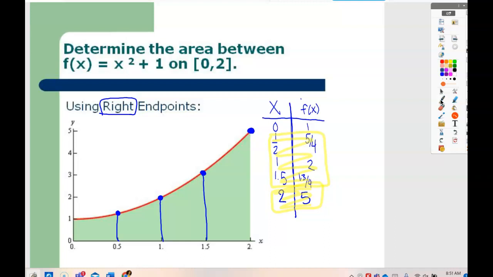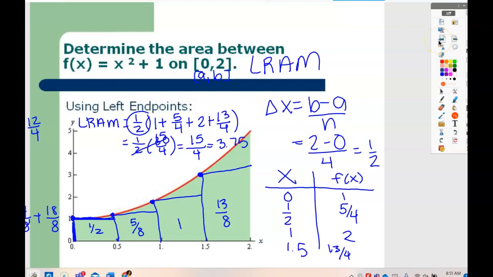And if you go back and you look at my drawing, was my left RAM an over or an under approximation of the real one? Because all my rectangles are under exactly. So this was an under approximation of the actual because all of my values are below my curve. So that's an underestimate.